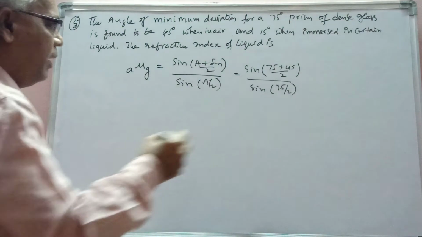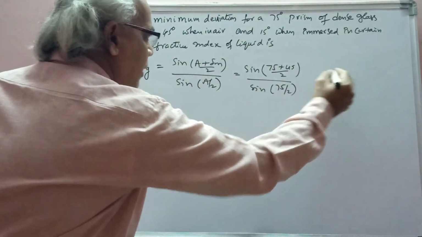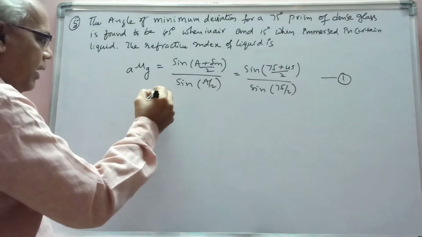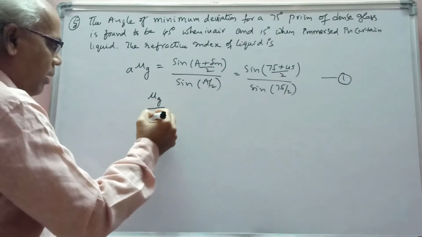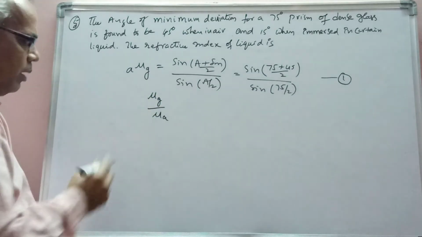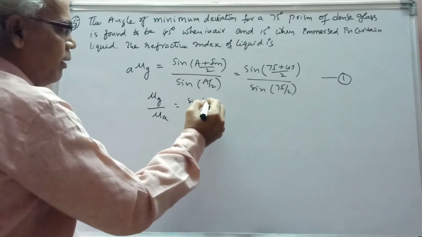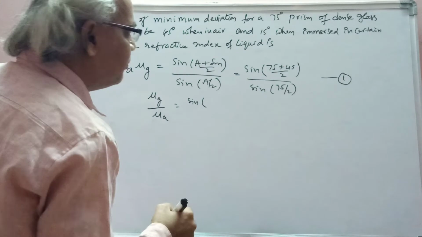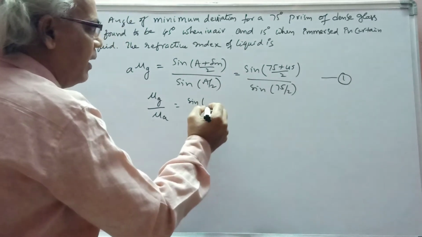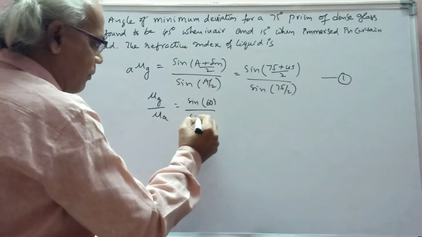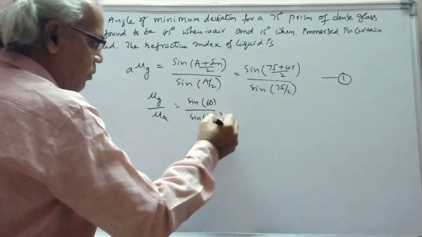It is equation number 1. Here A mu G means mu G by mu A, which is equal to sin of 120 by 2, that is sin 60, by sin 75 by 2.